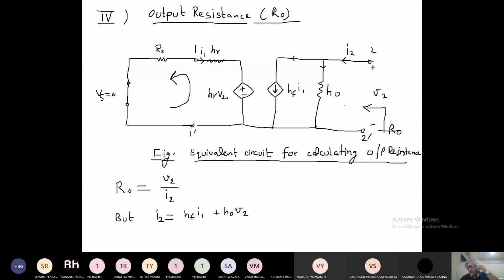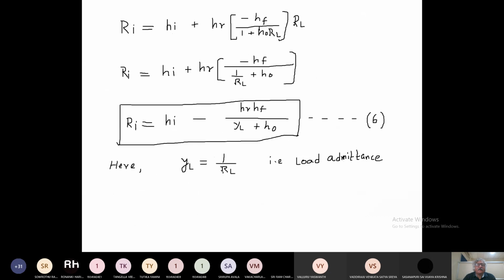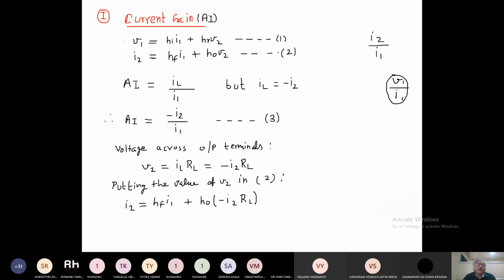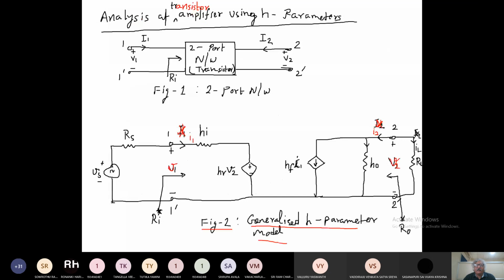Okay. So in the last lecture, we were discussing the output resistance, right? How to calculate this output resistance. For that purpose, this is our circuit diagram, a generalized H parameter model. Here you have the voltage source Vs. You short circuit this voltage source first, right?